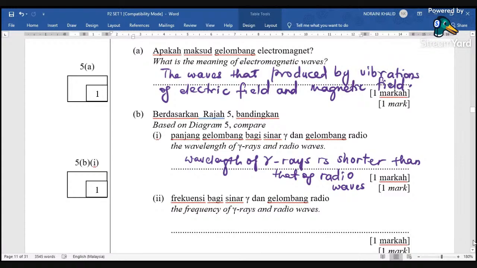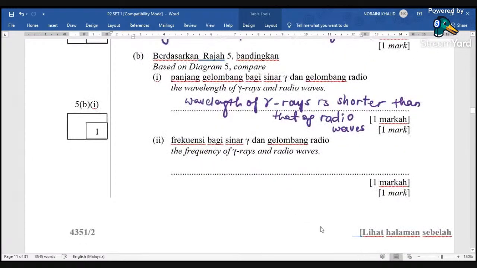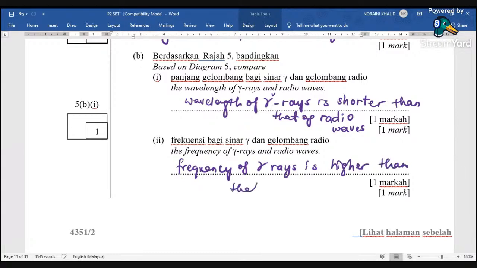And then frequency of gamma and radio wave. Just now you start with gamma, so this part also you start with gamma. Frequency of gamma rays is higher than that of radio wave.